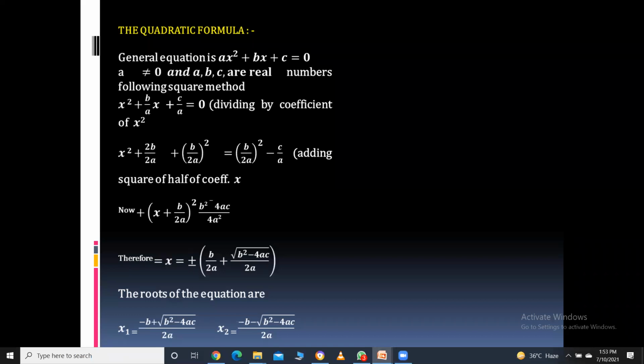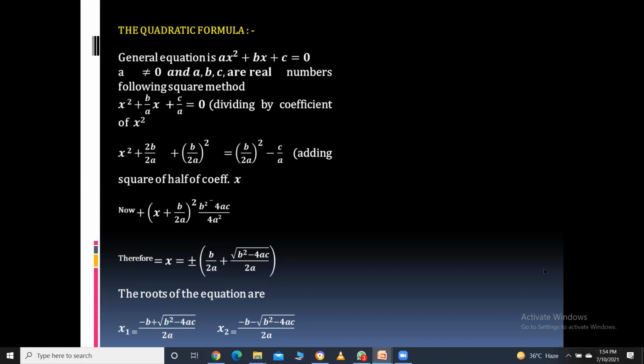Now, the quadratic formula. This quadratic formula was basically derived by Sridharacharya, and therefore it is called Sridharacharya's quadratic equation formula. The general standard equation form, that is ax square plus bx plus c equal to 0, was solved by the method of completing the square, that is x square plus bx plus c equal to 0, the whole divided by the coefficient of x square, that is a.